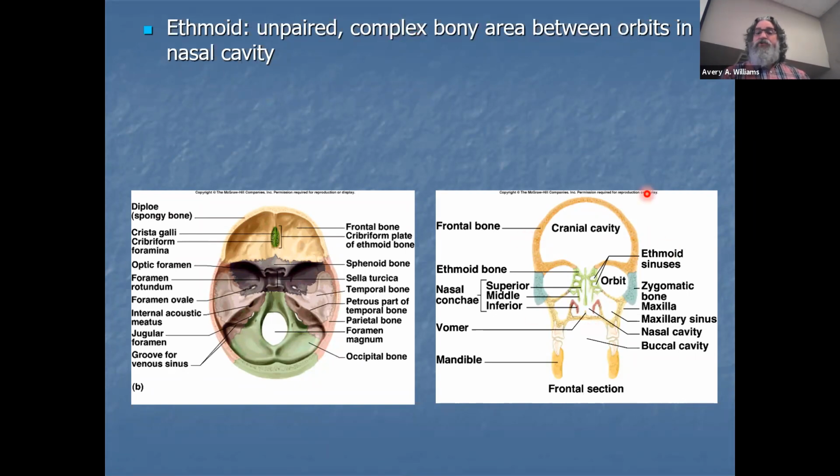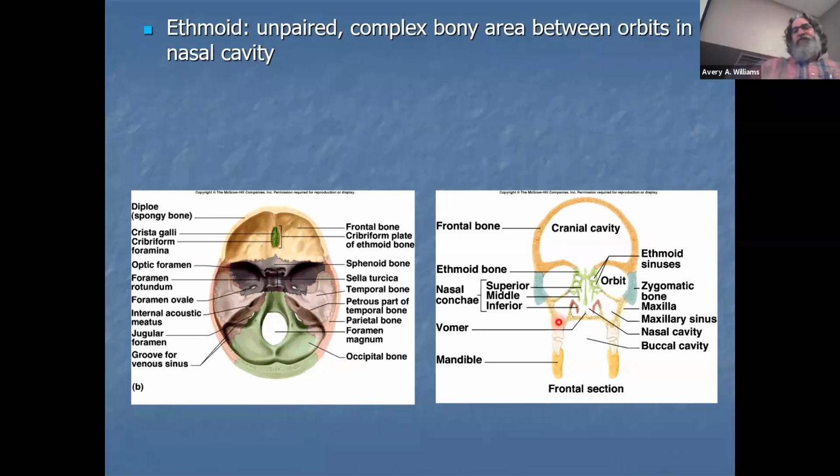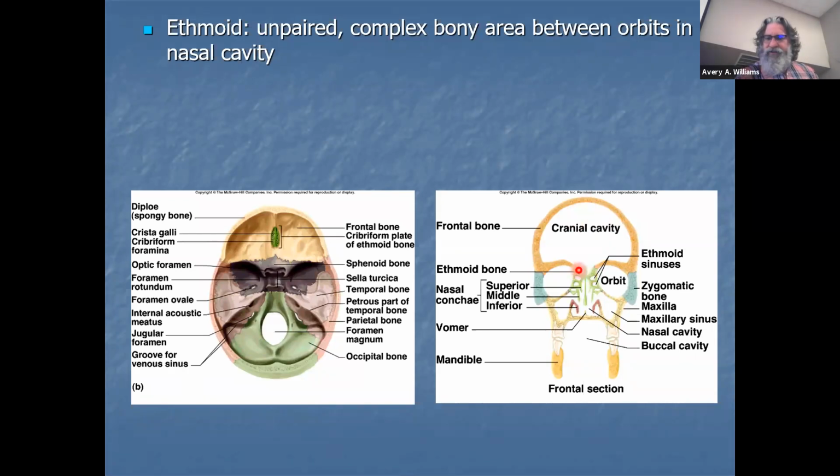This is an unusual section, called a frontal section of the skull. You see the cranial cavity here. Now look down like this and you see the surface right here. That's the top of the ethmoid bone. Notice these are the orbits, the eyes. Remember the orbital regions? You can see parts of the ethmoid in the orbits here.